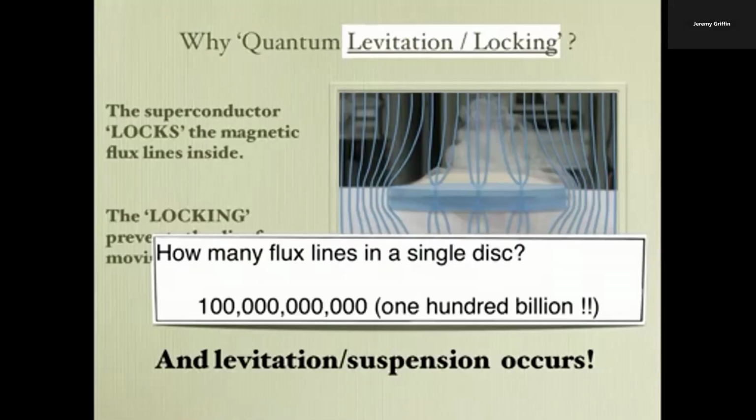But how many fluxons, how many magnetic strands are there in a single disk like this? Well, we can calculate it, and it turns out quite a lot. 100 billion strands of magnetic field inside this 3-inch disk. But that's not the amazing part yet, because there is something I haven't told you yet.